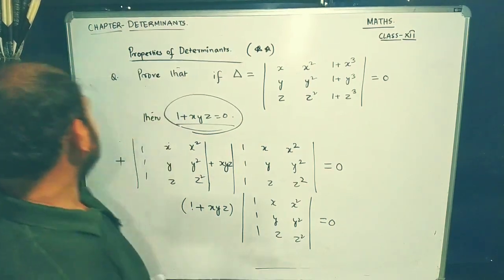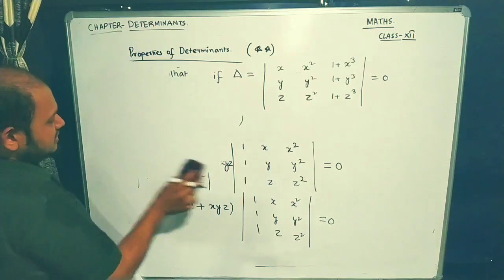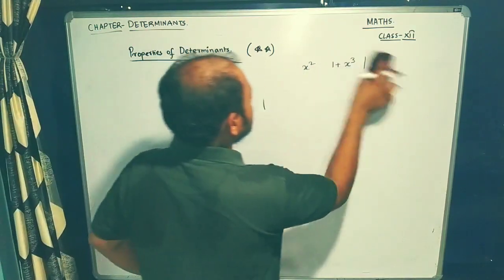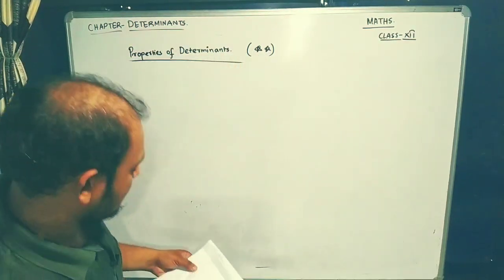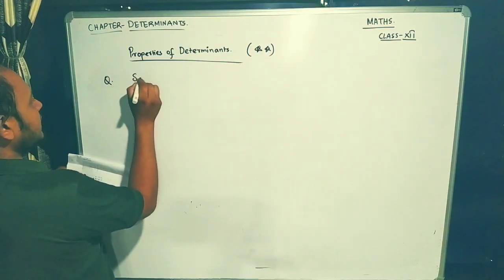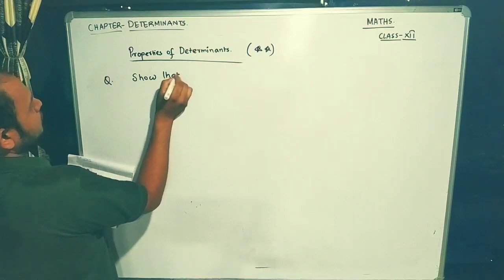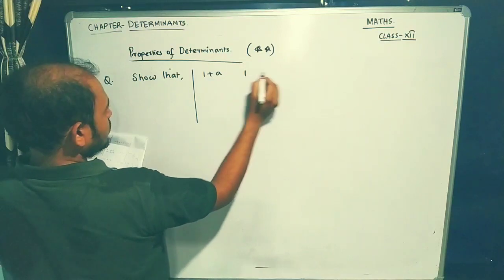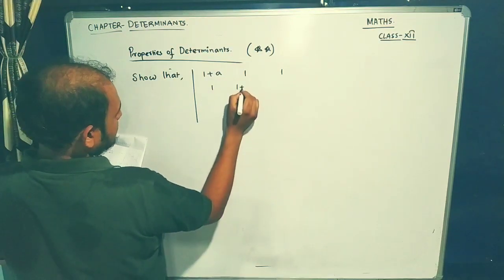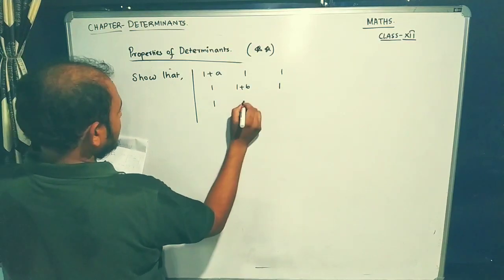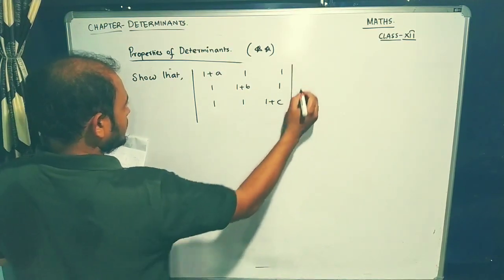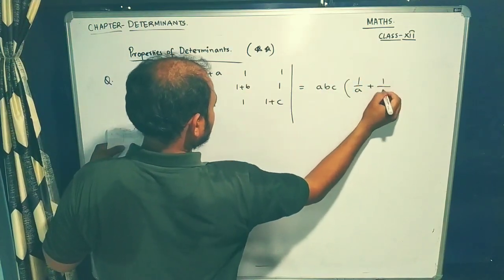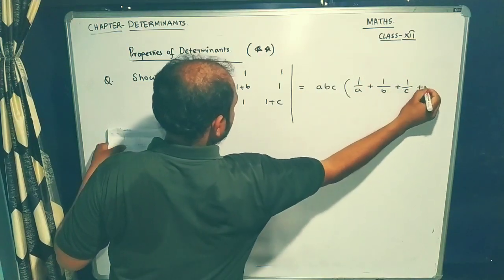So let us look at the last example in today's class based on the properties of determinants. Last problem is, show that the determinant 1 plus a 1 1, 1 1 plus b 1, 1 1 1 plus c, is equal to a b c times (1 by a plus 1 by b plus 1 by c plus 1).